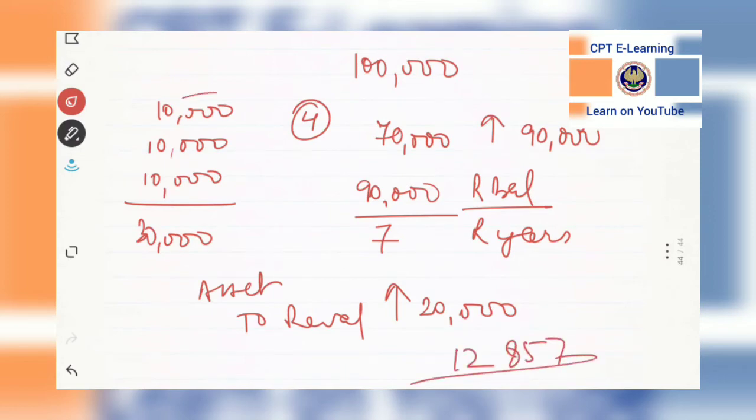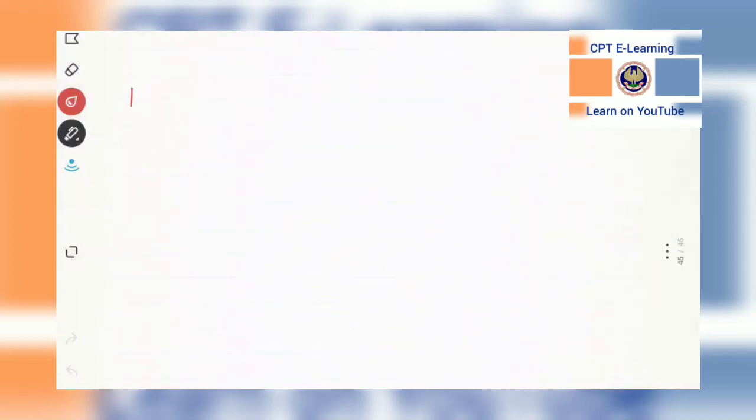So from the depreciation of 10,000 per annum for the first 3 years, now the depreciation is 12,857. So for the first, second, third year, the depreciation would be 10,000 per annum. And from the fourth year till the 10th year, these 7 years, the depreciation is going to be 12,857.